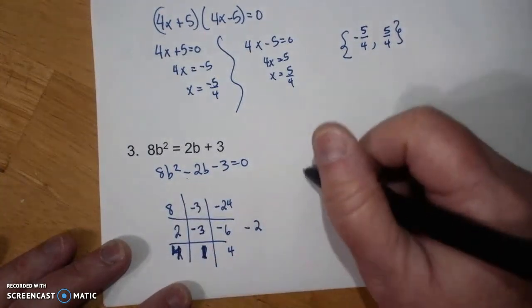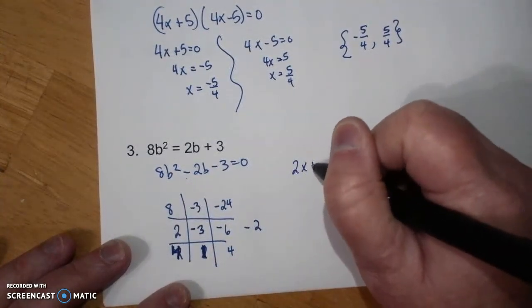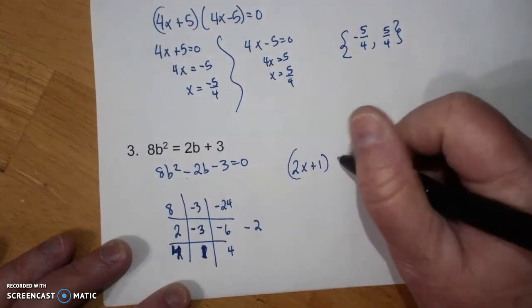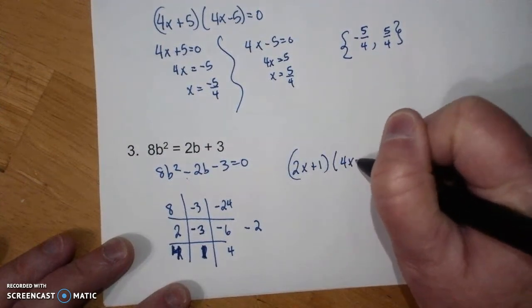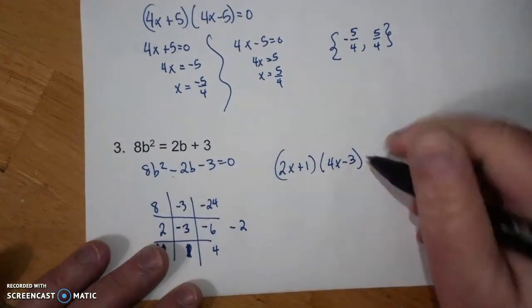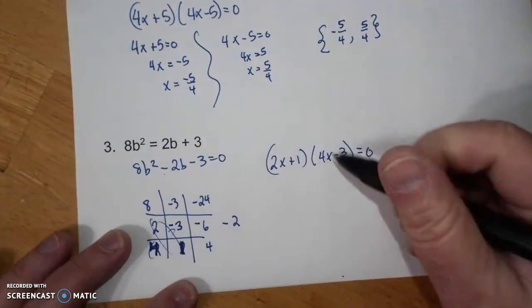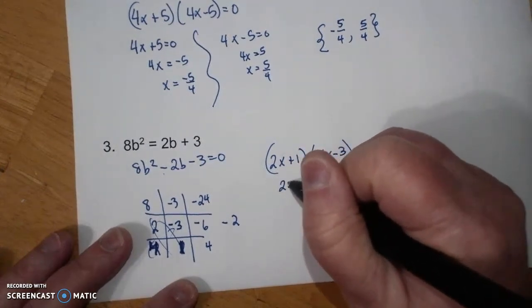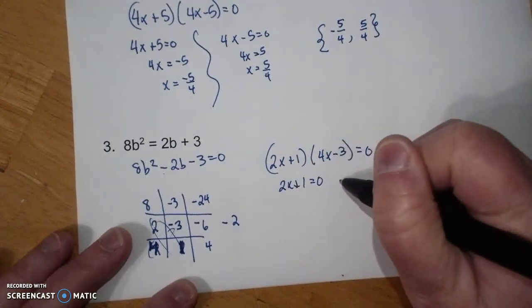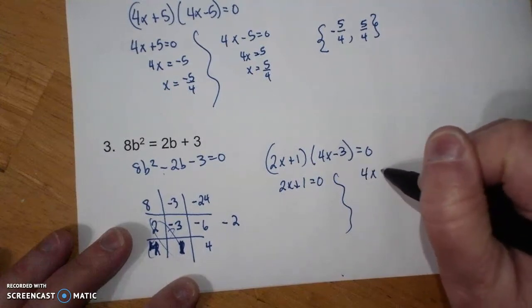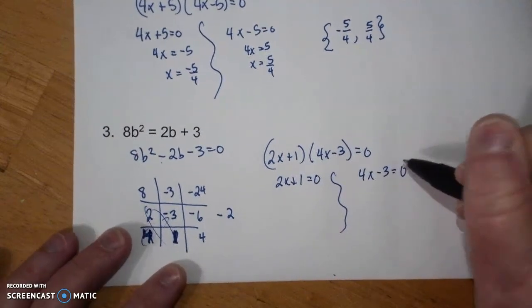Okay, so that becomes 2x plus 1 and 4x minus 3 equals 0 from the factoring. So I have 2x plus 1 equals 0 and 4x minus 3 equals 0.